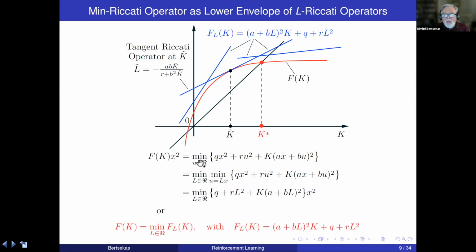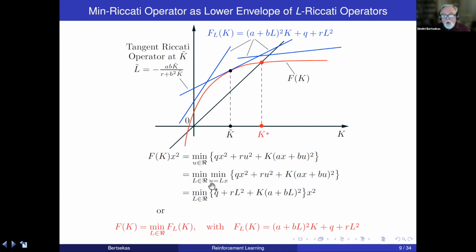And you can see this from this calculation. The Riccati operator involves this minimization over all controls. You can break down this minimization into two parts.